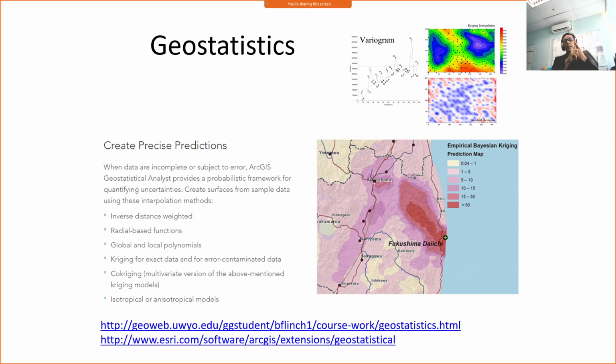So we have number one, analysis of point patterns. Number two, analysis of aggregated data, and number three, analysis using geostatistics. Okay.